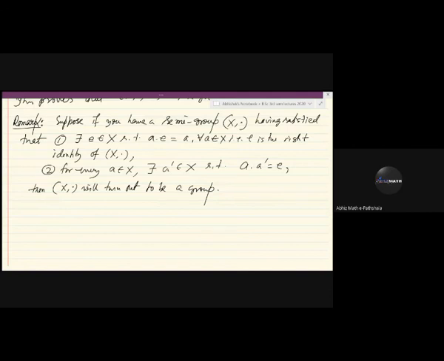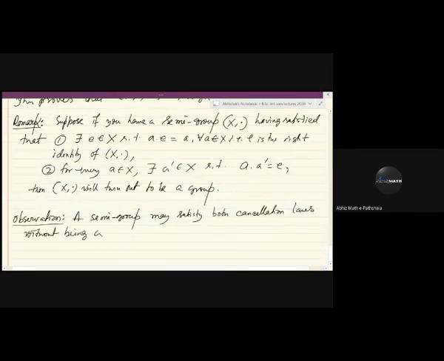Okay. And another observation is regarding the cancellation law, that a semigroup may satisfy both cancellation laws without being a group.